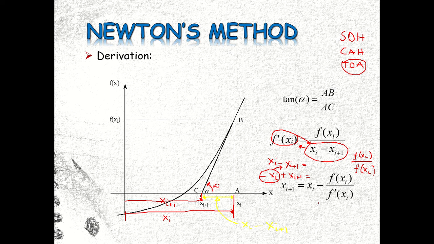All right, so here we multiply both sides by negative 1. We multiply this by negative 1 and do the same on the other side.